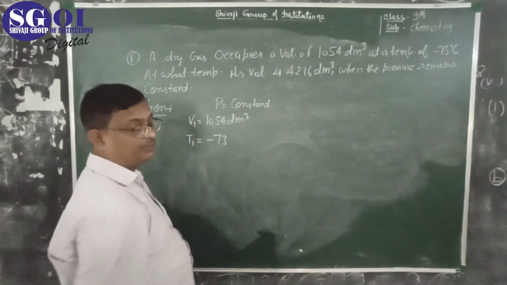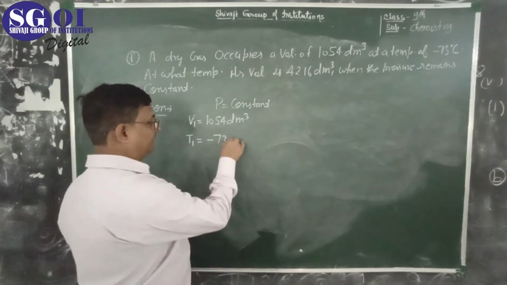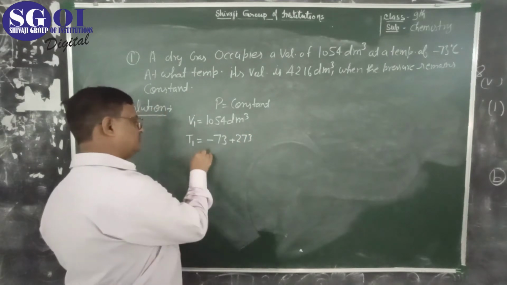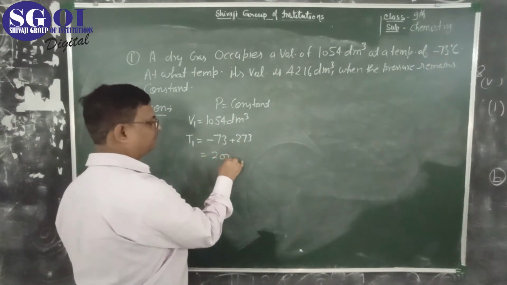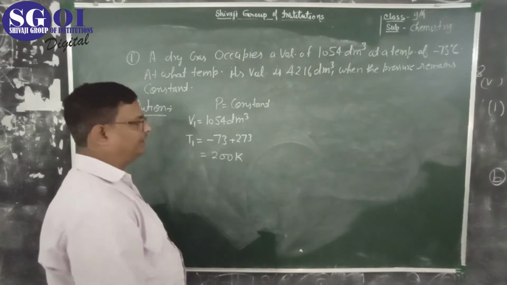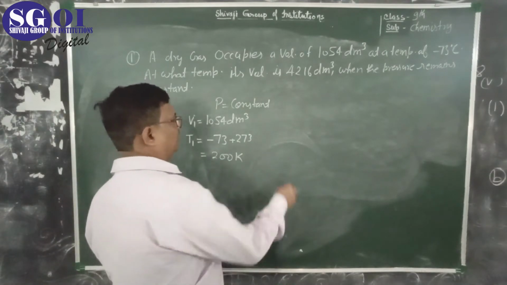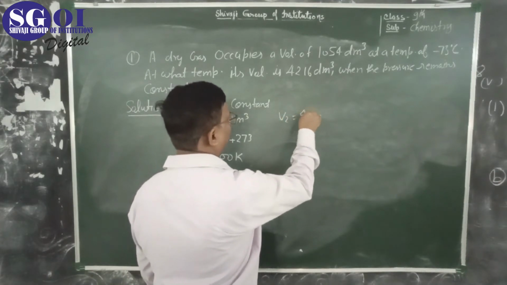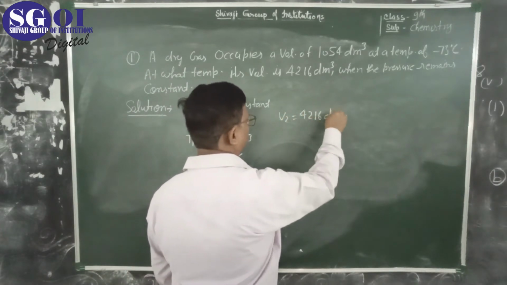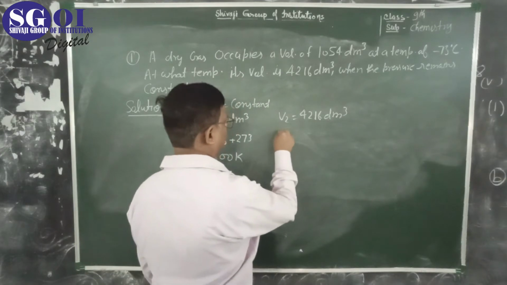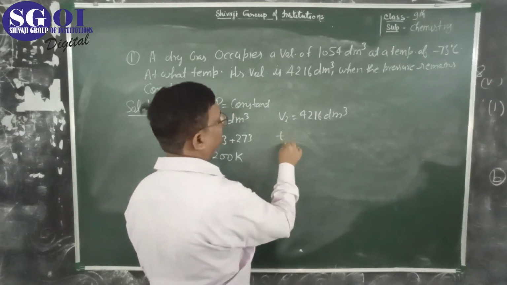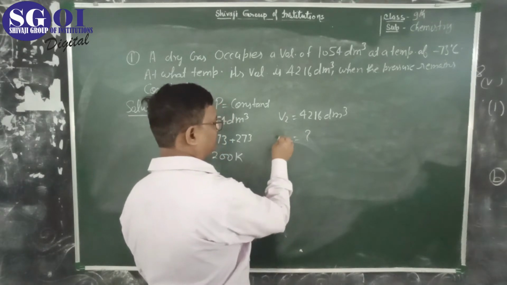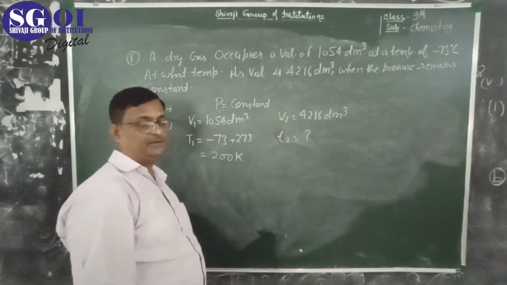This degree centigrade temperature must be converted to Kelvin by adding 273. So this comes out to be 200 Kelvin. Now volume becomes 4216 decimeter cube and we need the temperature in degree centigrade.